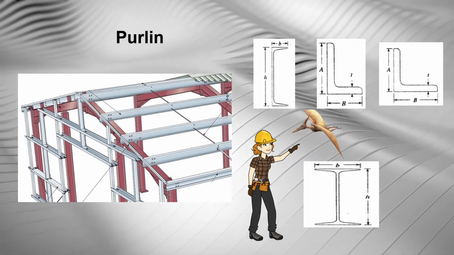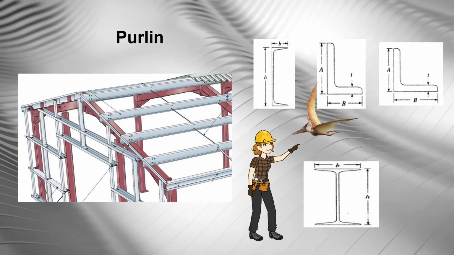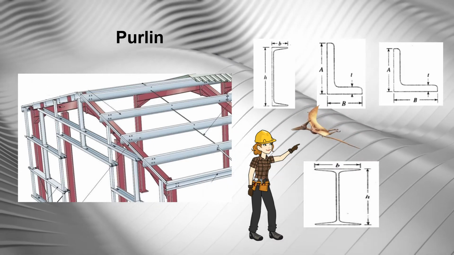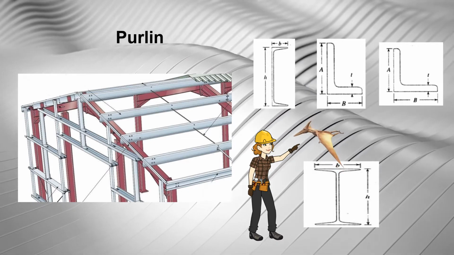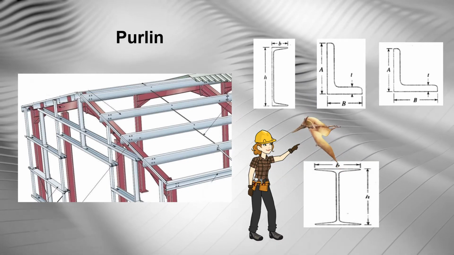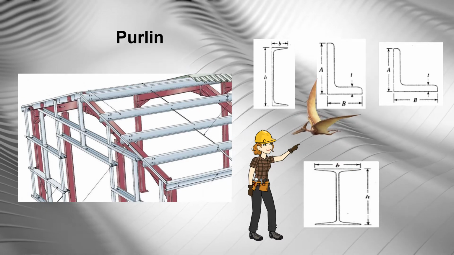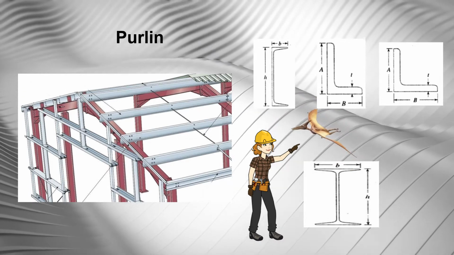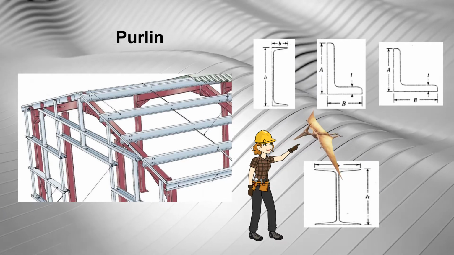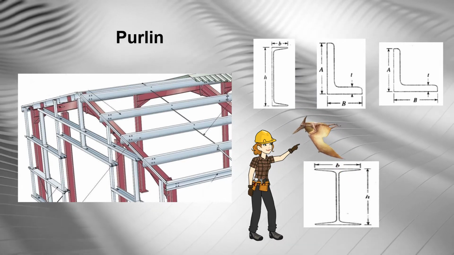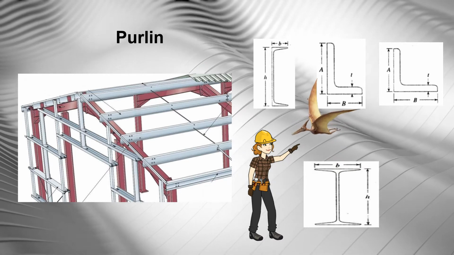Thus, for corrugated galvanized iron sheet, the purlin spacing may vary from 1.5 to 1.75 meter. And for corrugated asbestos cement sheet, it is limited to 1.4 meter for 6 mm thick sheets and 1.6 meter for 7 mm thick sheets.